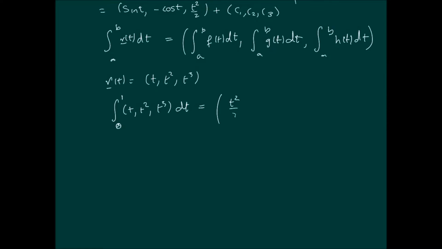So it'll be t squared over 2 from 0 to 1, t cubed over 3 from 0 to 1, and of course t to the fourth over 4 from 0 to 1. And once we calculate these, it's just going to be 1 over 2, 1 over 3, and 1 over 4 would be our integral. So it's reasonably straightforward, as you would expect.